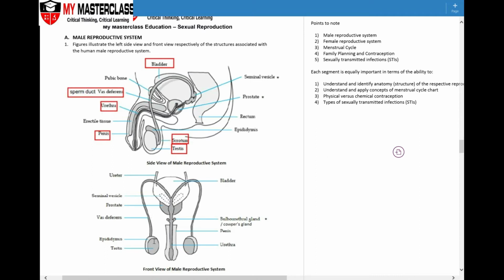Okay. So once the sperm cells are being manufactured, they will then enter into this component called the epididymis. Okay. So the purpose of the epididymis is to enable sperm cell maturation. So once it has matured and is able to leave the body itself, it will travel out through this vas deferens. Okay.